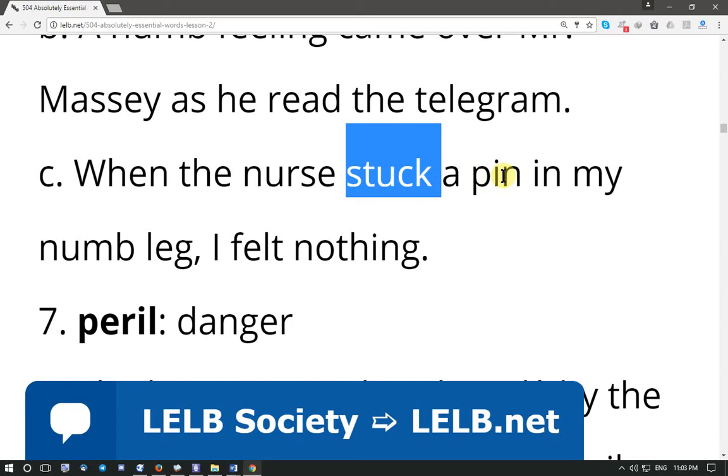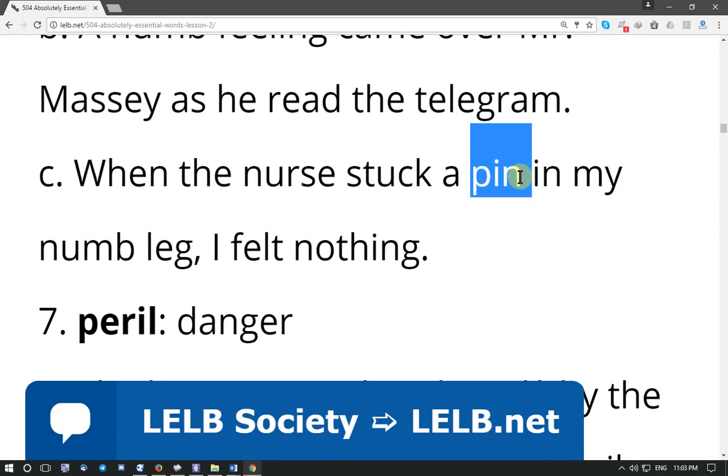Here it doesn't mean a vaccine, it means the nurse was just trying to test me to see if my leg was perceiving pain or not, and it was not. It was not perceiving any sensation. In my numb leg, I felt nothing.